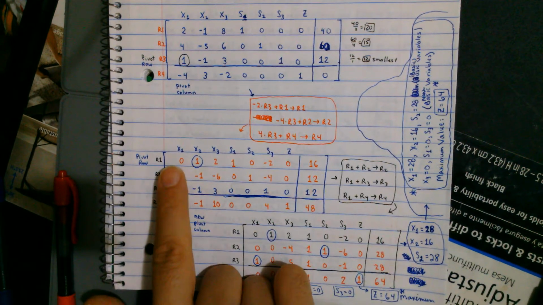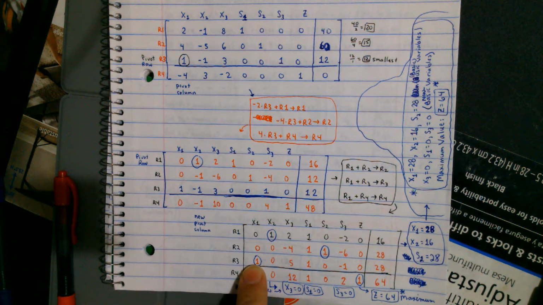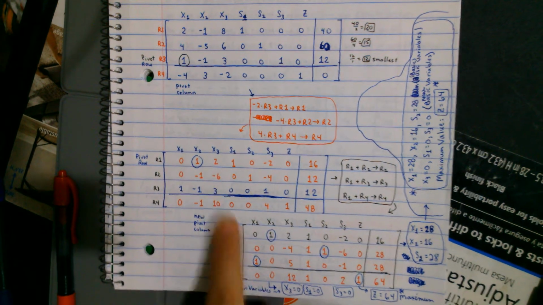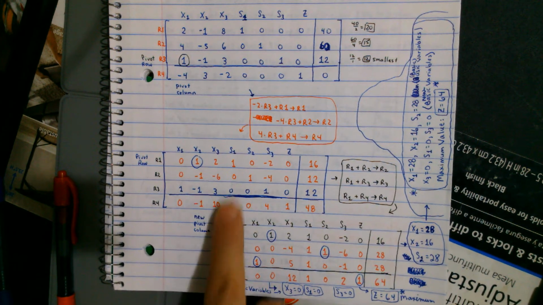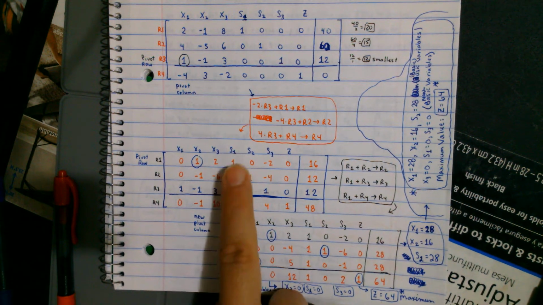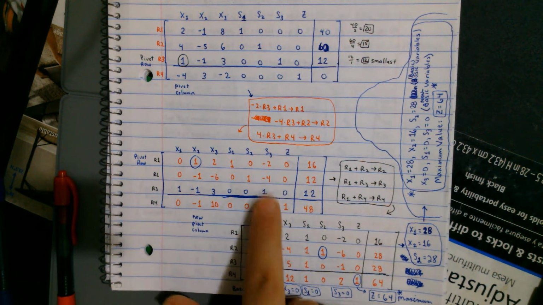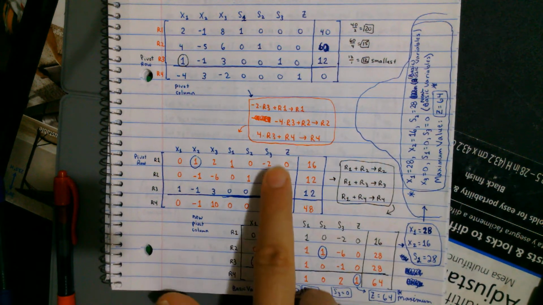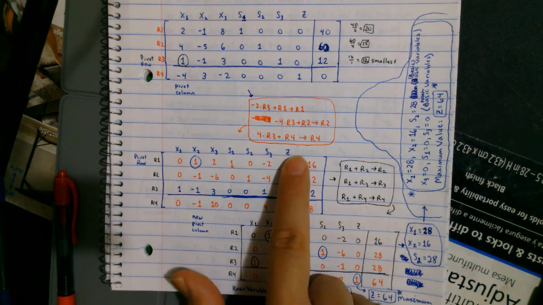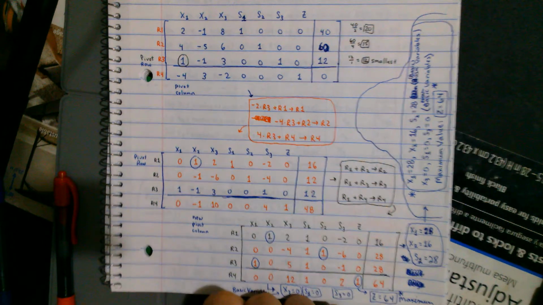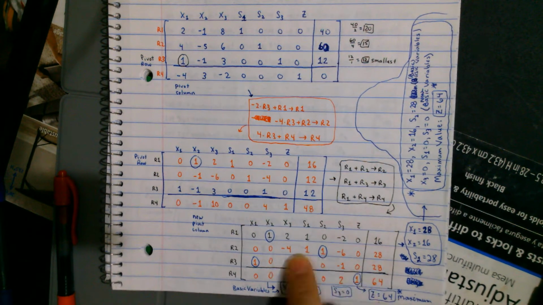And then again, the first with the third: 0 plus 1, -1 minus 1, 2 plus 3, 1 plus 0, 0 plus 0, -2 plus 1, 0 plus 0, and 16 plus 12. And the last row, kind of the same thing.